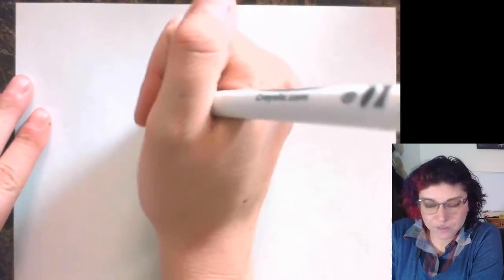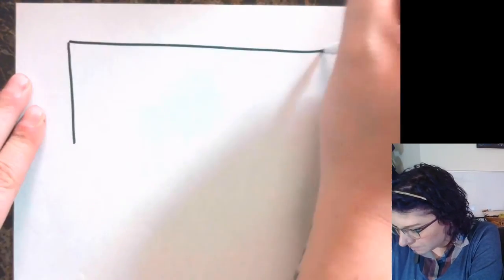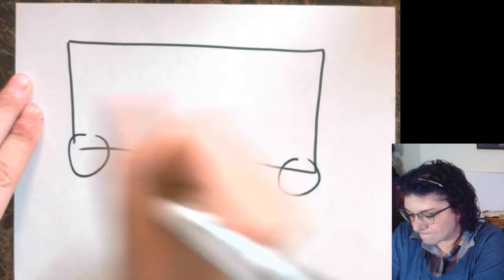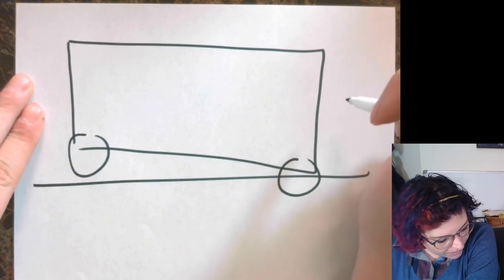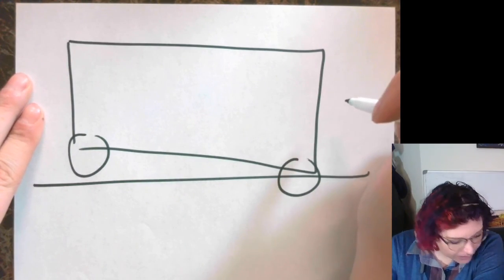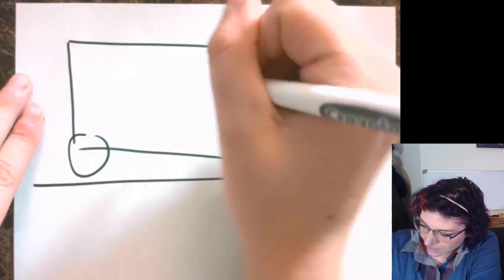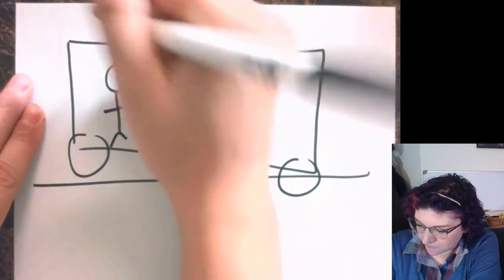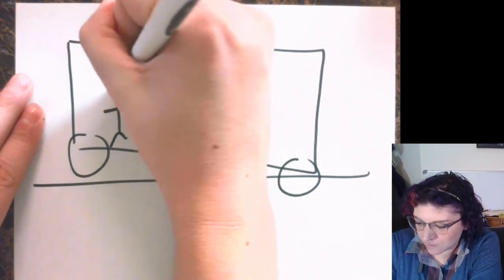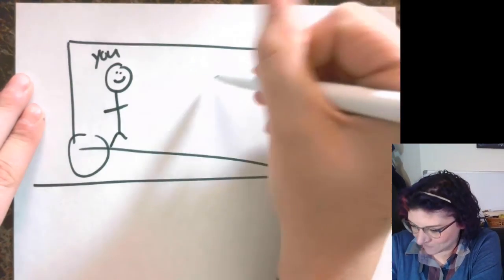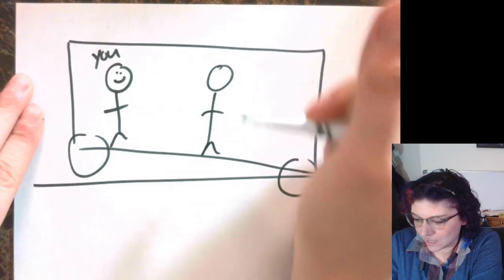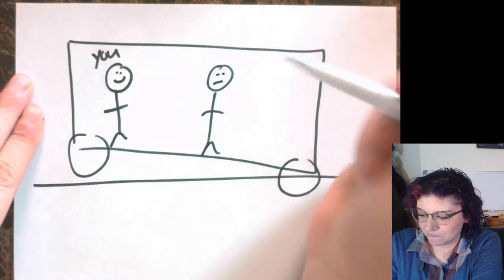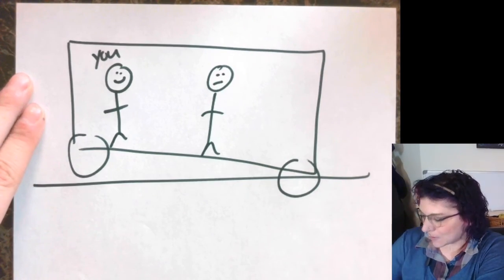So here is the train again. And let's say that, okay, so you are here. Your friend is here. And they have that baseball, that green baseball.